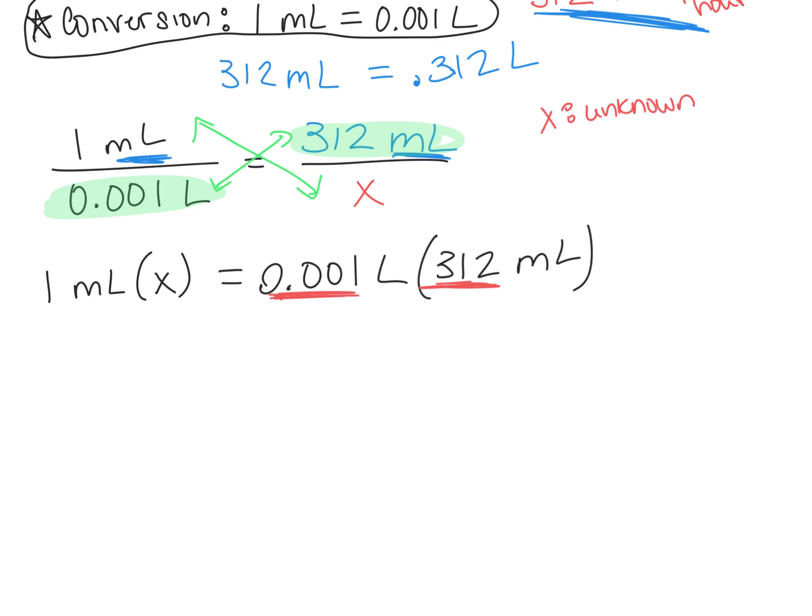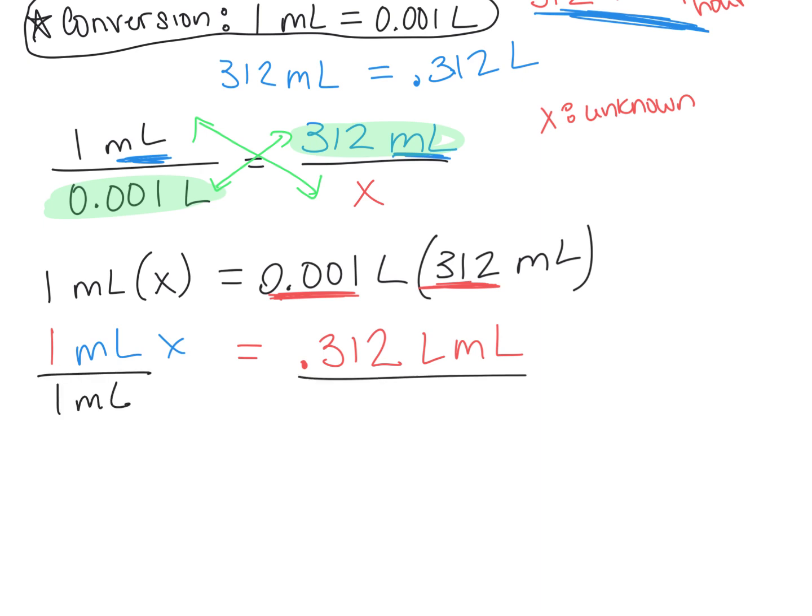0.001 times 312 is 0.312, but we would have left over our units, liters and milliliters, just sitting there for a second. That's equal to 1 milliliter times X. I am trying to get X by itself, so I divide both sides by 1 milliliter.